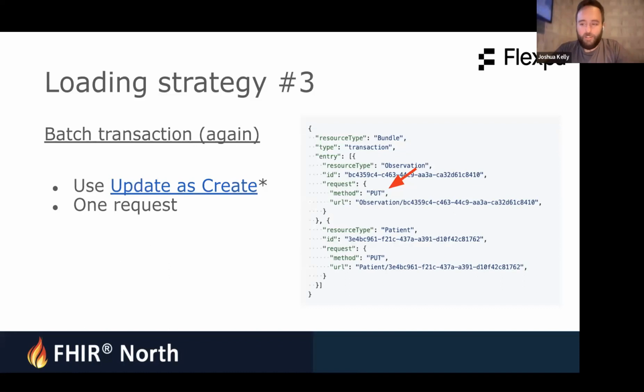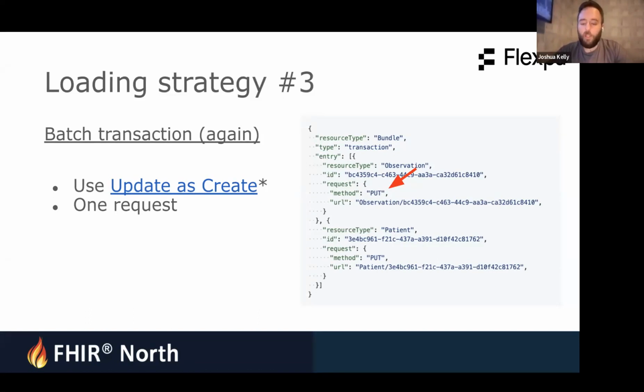Loading strategy 3. Once we've completed our mission of changing all of the identifiers and references, we can create a bundle and use a batch transaction again. Something that is extremely helpful in this approach is a feature in FHIR's REST API called update as create.